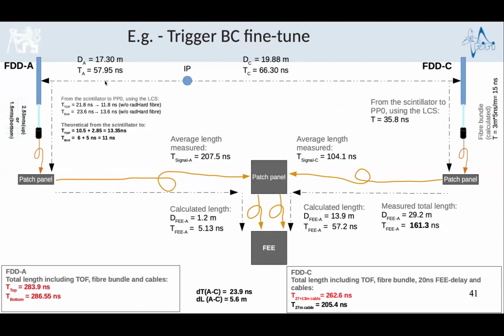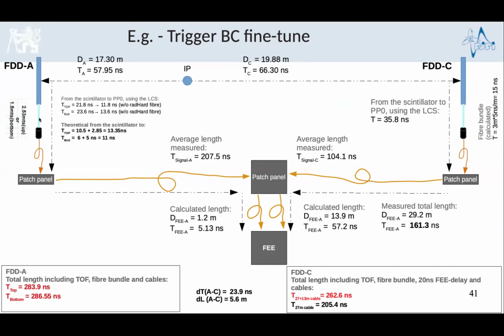As I said, this detector was at around 17 or 19 meters from the detonation point. So it takes around 50, 60 nanoseconds for the particles to arrive from the collision in the detonation point to the scintillator.